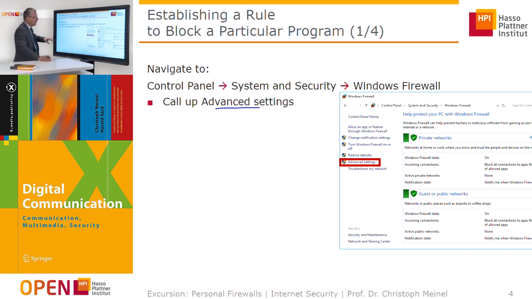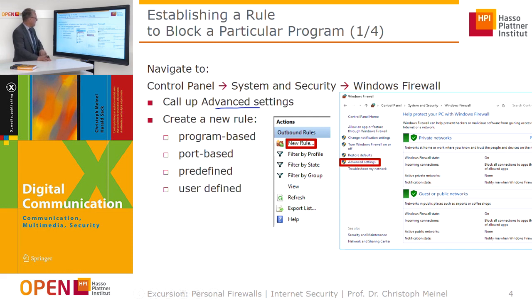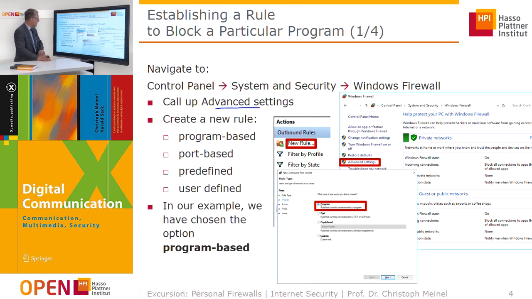You come to this page, and then you can create a new rule. You have to define the filter. In our case, we want to do it program-based. You could also do it port-based or predefined. I already mentioned this, user-defined.